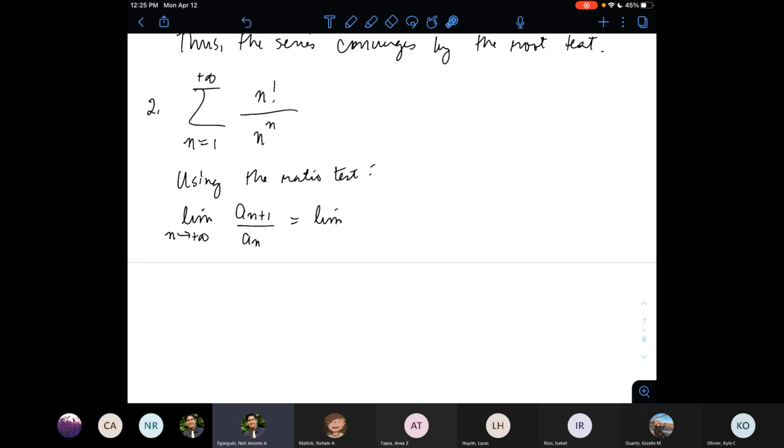So instead of an n inside the factorial, I will have n plus 1 inside the factorial, all over n plus 1 raised to the n plus 1, right? Because all n's should be replaced by n plus 1. All over the same thing, n factorial all over n to the n, and take the limit as n approaches infinity.